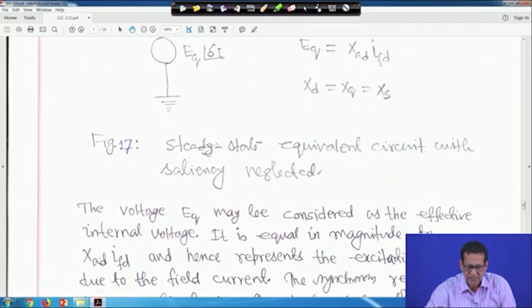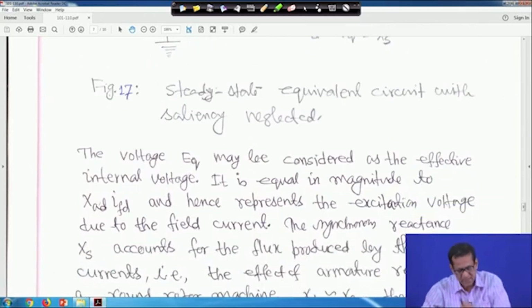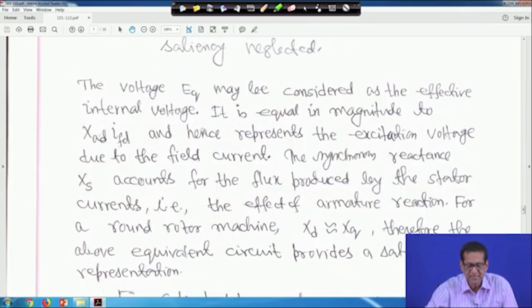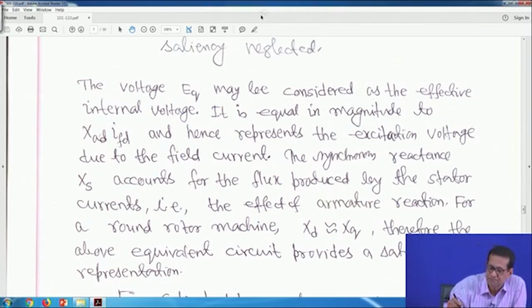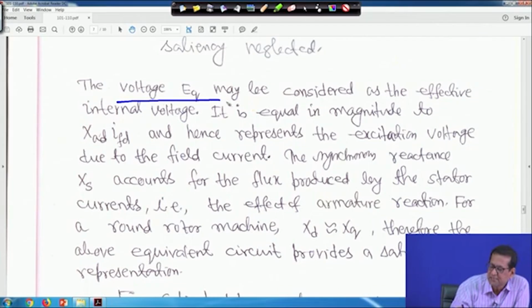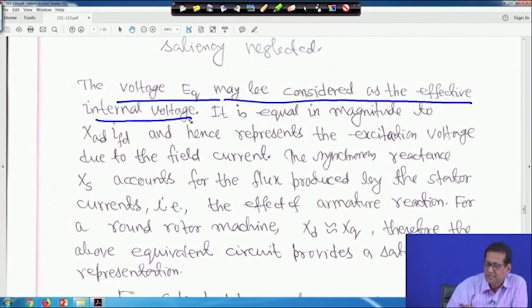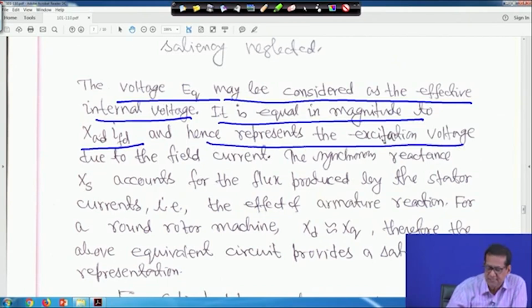The voltage E_Q may be considered as the effective internal voltage. It is equal in magnitude to X_AD I_FD, as we have seen just now, and hence represents the excitation voltage due to the field current, because I_FD is the field current.